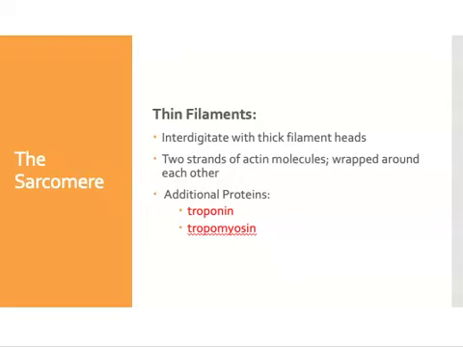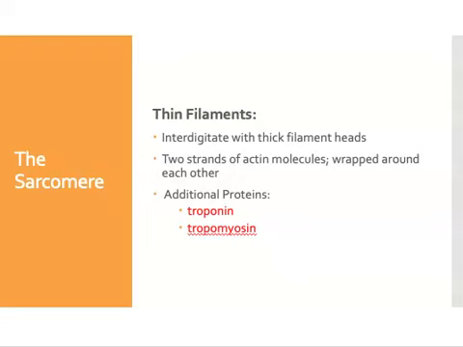Again, thin filaments are arranged around the thick filaments in a hexagonal pattern. And when the myosin heads start the contraction process, they're going to bind to those thin filaments and pull them so that the thin filaments slide past the thick filaments.